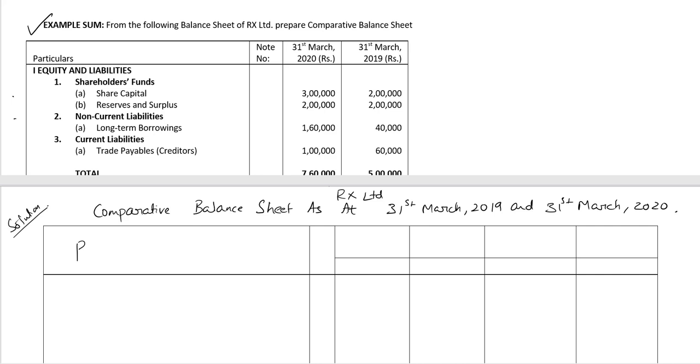We have particulars and the note number. The first two columns we will reproduce the amounts given for 31st March 2019 we'll begin with, and 31st March 2020.